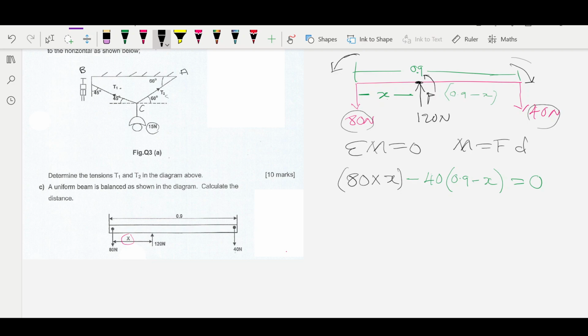So here we're going to have 80x, then minus 40 times 0.9.